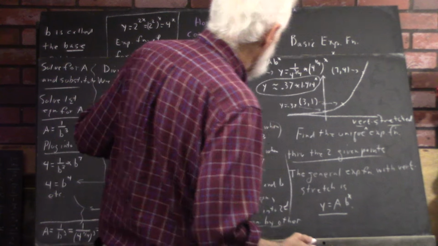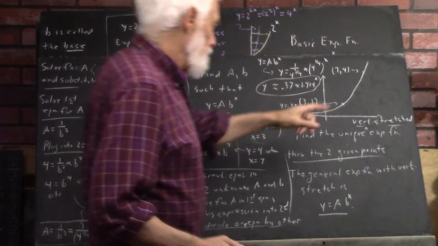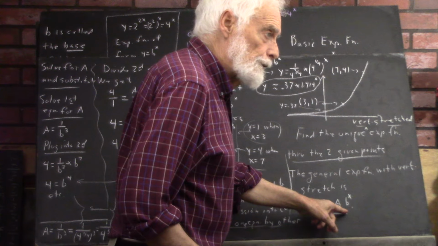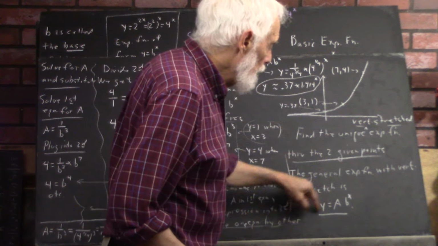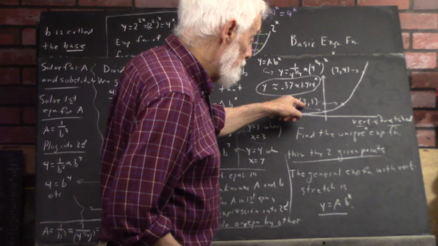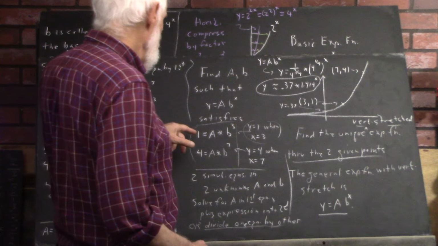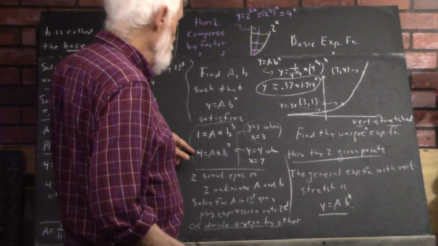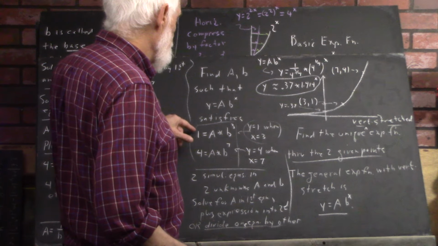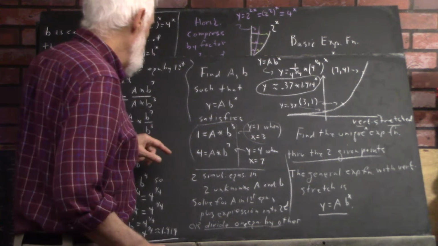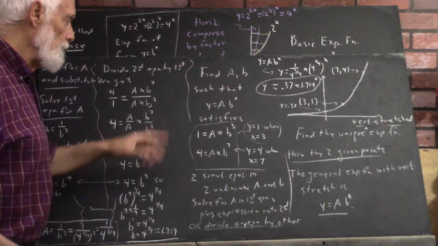So what you need to see is, if you've got 2 points, if you know the form of the function, you can substitute the y and the x for each point into this form, and you get 2 equations. If it's an exponential function, you can always follow either this method or this method for solving it.